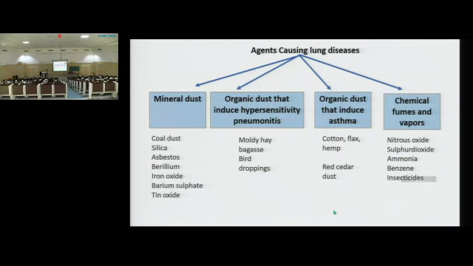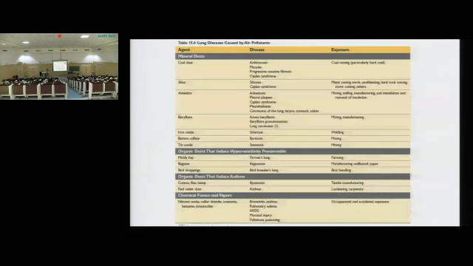These are substances which induce asthma. And chemical fumes and vapors include nitrous oxide, sulfur dioxide, ammonia, benzene and insecticides. So this table is given in Ravi's textbook. And what are these substances and what they lead to? The difference I have already described: mineral dust, organic dust, including hypersensitivity, asthma and chemical fumes.